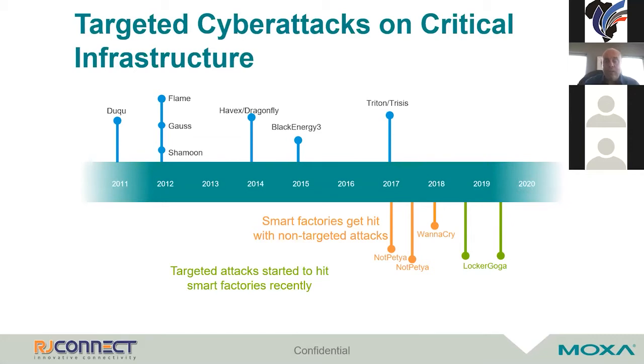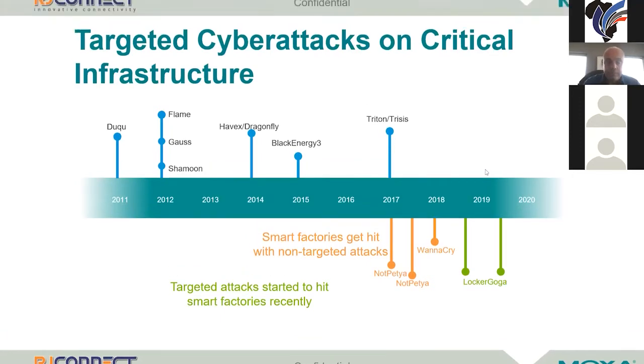And one of the last ones we can see over here was LockerGoga. And I think WannaCry is still around today, still running around. And of course, there's still more coming. There are still lots and lots of cyber attacks that will be coming through over the next years. It's not going to go away, as we all know. And we have to be ready for the next attack on your system.